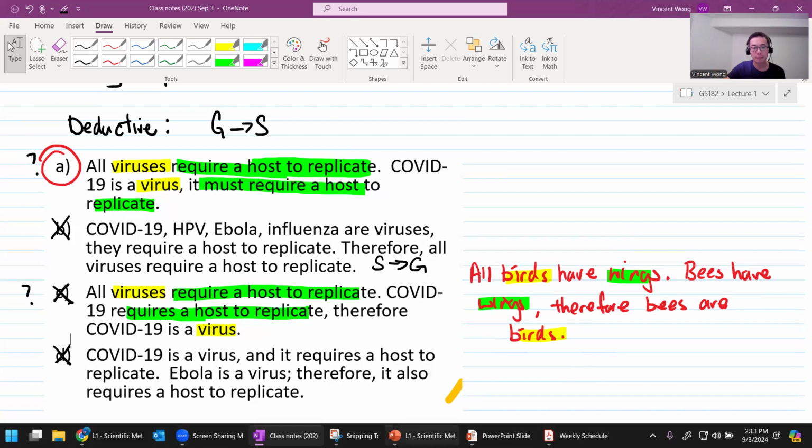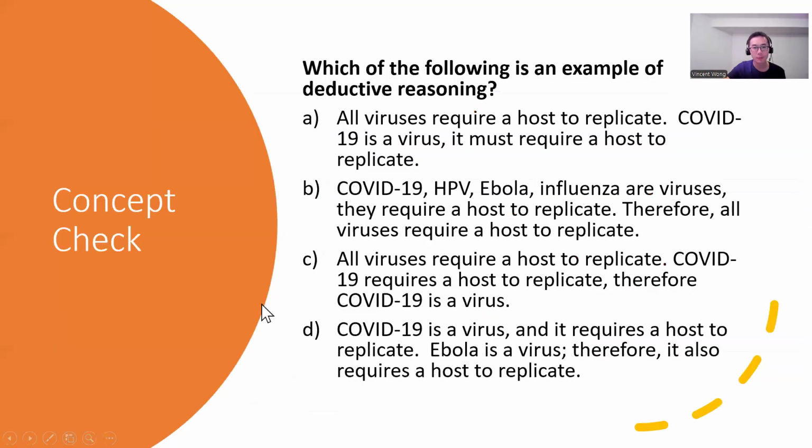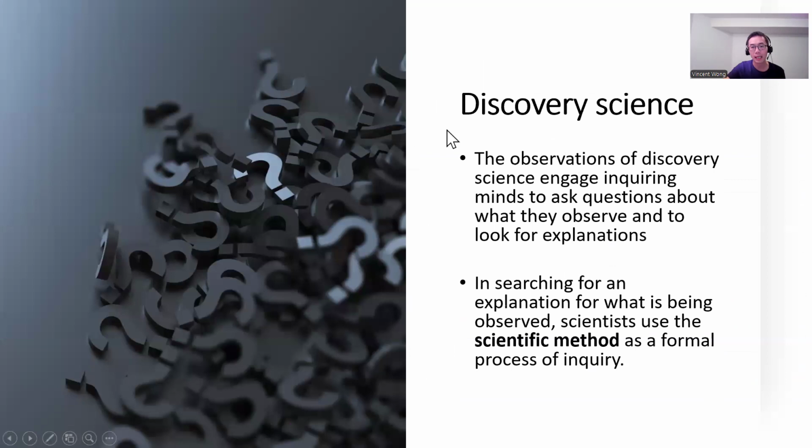Yeah, so that's that. Let me see what else we have here. So discovery science, we talk about how we make observations, different kinds of observations, and how we can use those observations to make inductive and deductive reasoning, coming up with conclusions, applying those conclusions to different scenarios. That is part of discovery science.